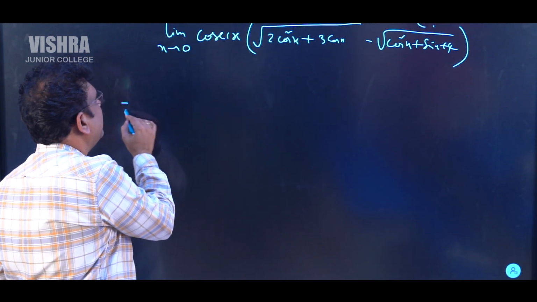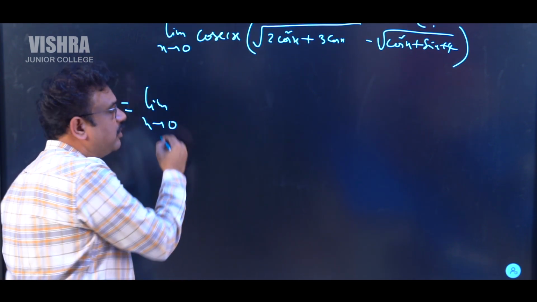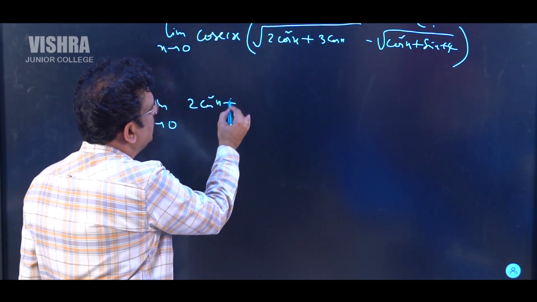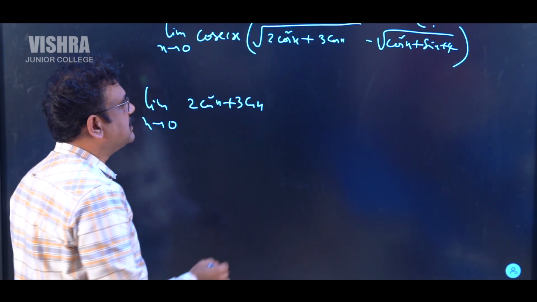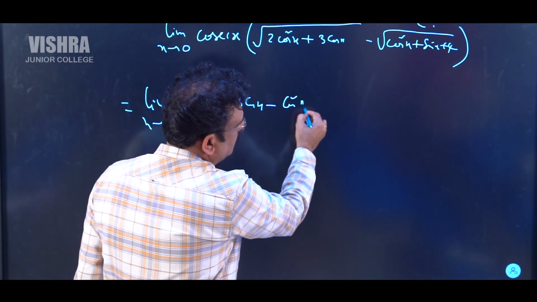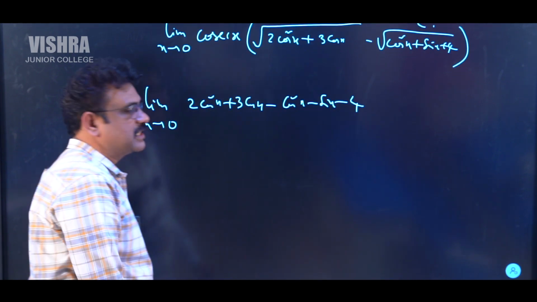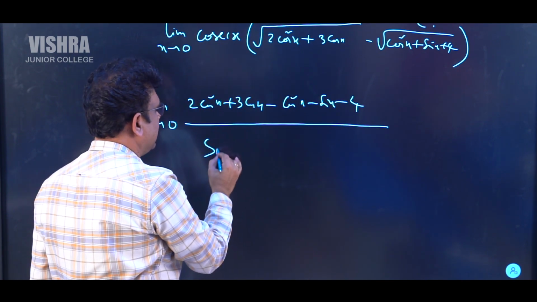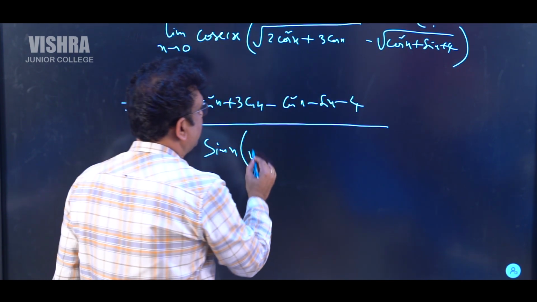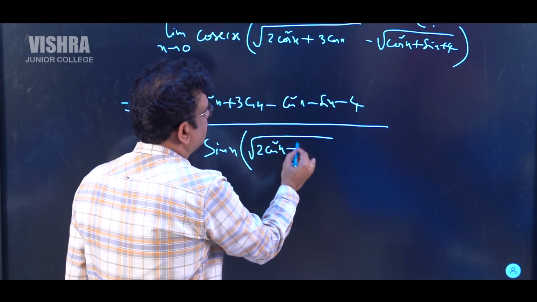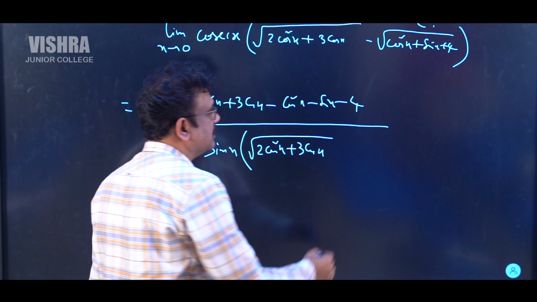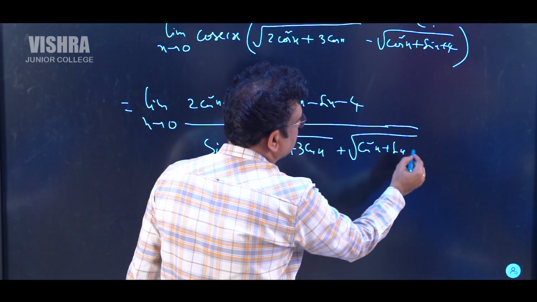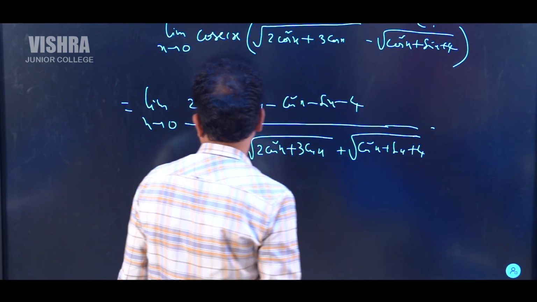So rationalizing the numerator, we get limit as x tends to 0, using a² minus b², 2cos²x + 3cos x minus cos²x minus sin x minus 4, divided by sin x into (square root of (2cos²x + 3cos x) plus square root of (cos²x + sin x + 4)).